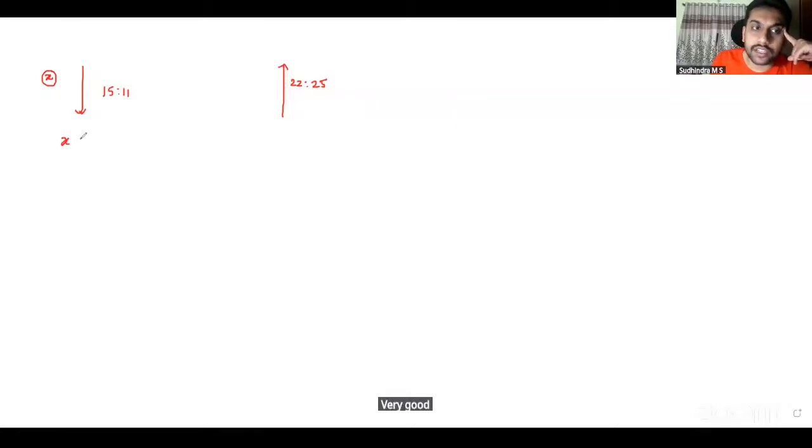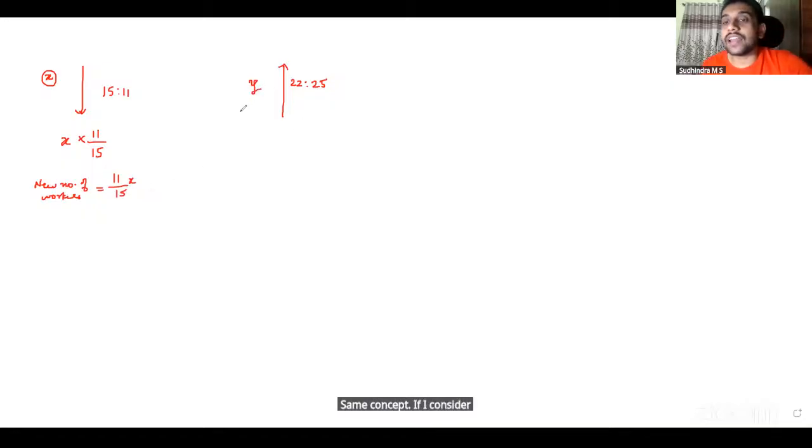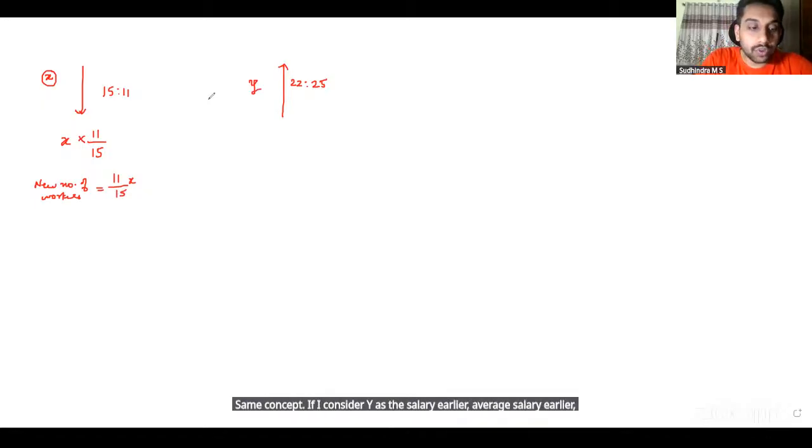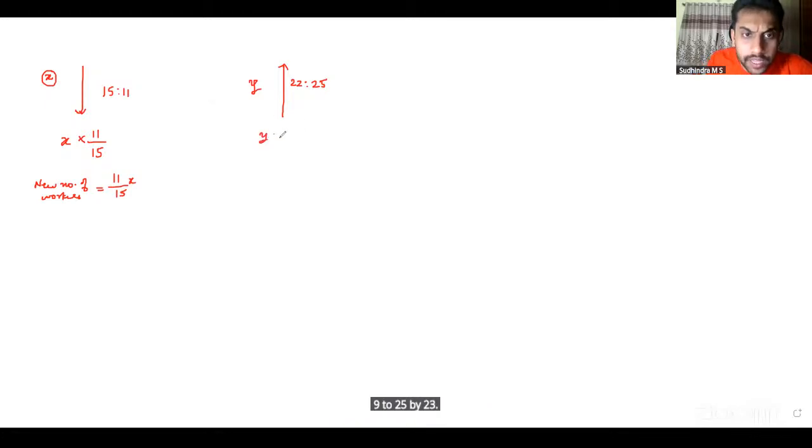Very good, old quantity into B by A. So the new number of workers is 11 by 15 x. Same concept. If I consider Y as the average salary earlier, what would be the new salary? Y into 25 by 22.